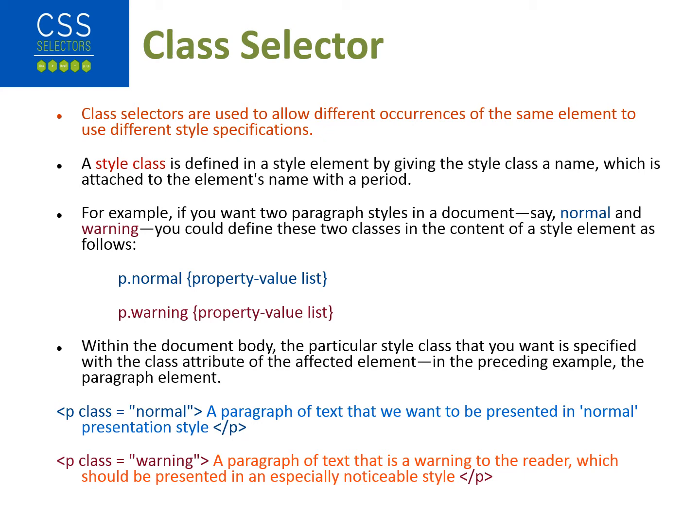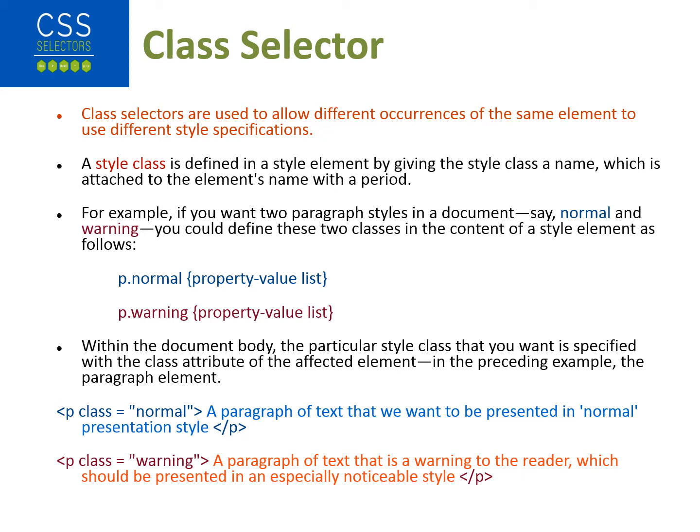A style class is defined in a style element by giving the style class a name which is attached to the element's name with a period. Consider the example. In this example, we are going to give two style definitions for the paragraph, that is the P tag.